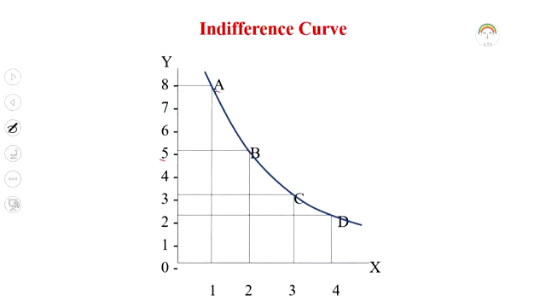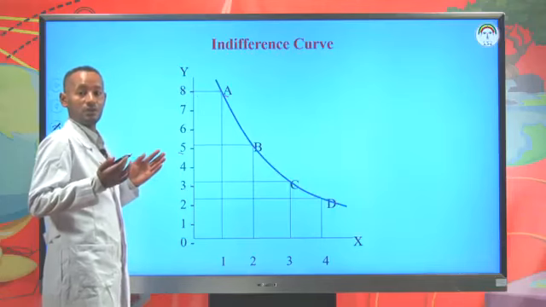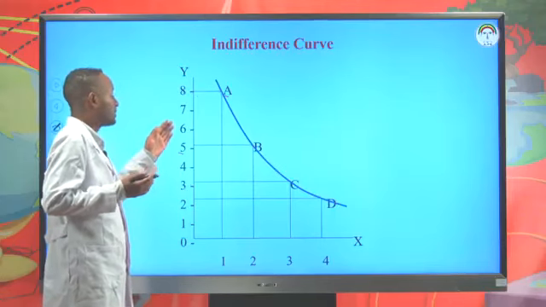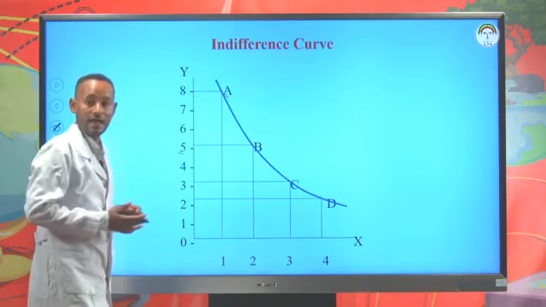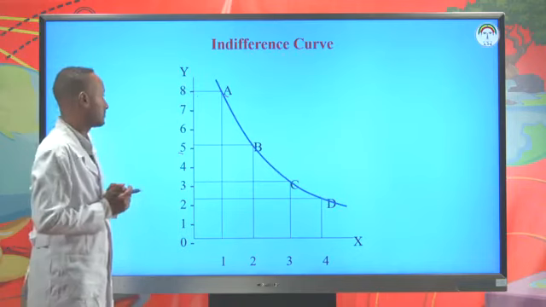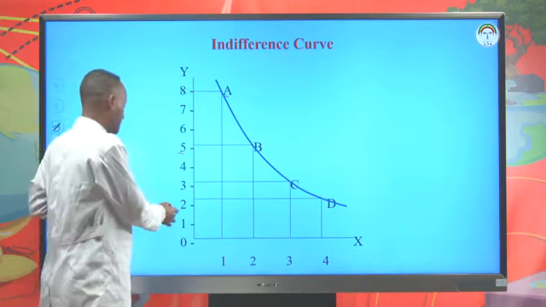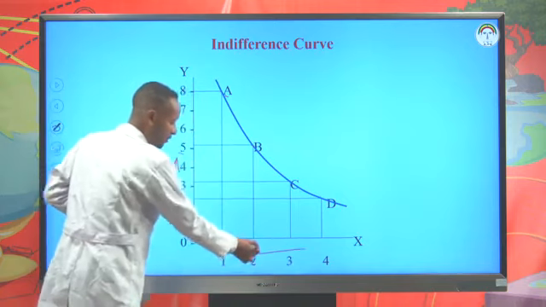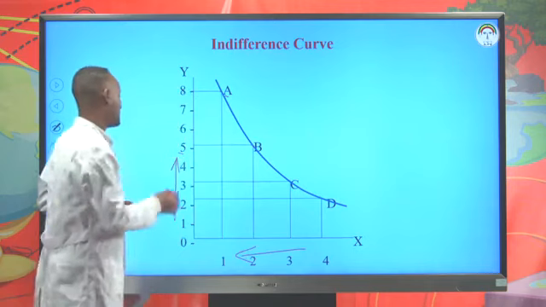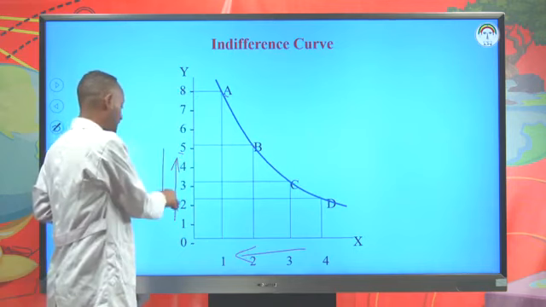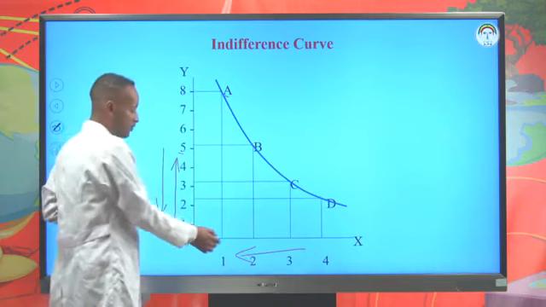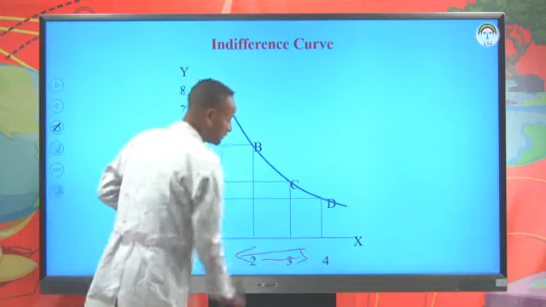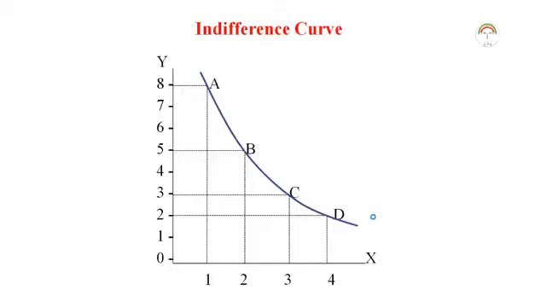This is the indifference curve. The indifference curve is a downward sloping curve, or negatively sloped curve, due to an inverse relationship between the two variables that are entered on the x and y axes. As we increase consumption of commodity y, we decrease consumption of commodity x, and as we decrease consumption of commodity y, we increase consumption of commodity x.